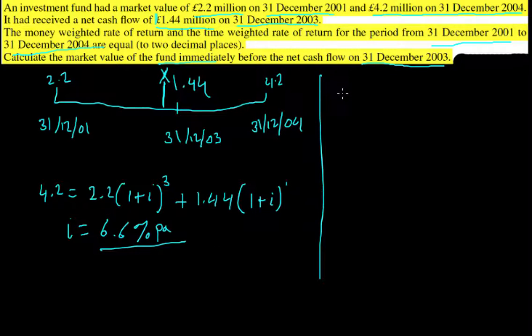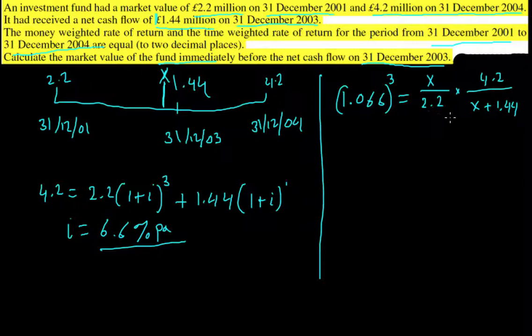Now that we have this figure, we can look at the time weighted rate of return. That's 1.066 over 3 years, equal to: we started with 2.2 and end up with some value x, and then multiply by x plus 1.44 ending with 4.2. We just have to work out what x is. We can multiply everything by 2.2, divide by 4.2, and rearrange to get x by itself.